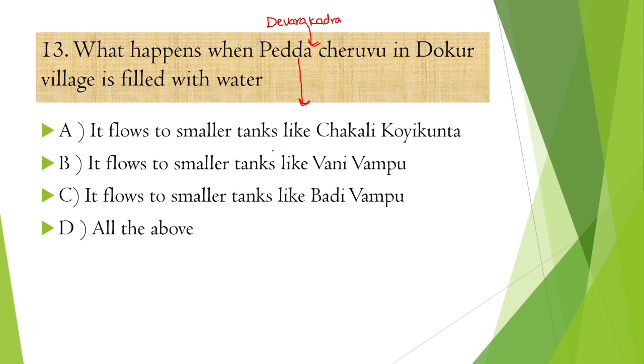It flows to smaller tanks like Chakali Koyikonda, Vanivampu, Badivampu, or all the above. So the correct answer is all the above. So means Devarakadra to Pedda Cheruvu, and Pedda Cheruvu to Chakali Koyakunta, Vanivampu and Badivampu. These three tanks get filled. So that is the reason A, B, C.